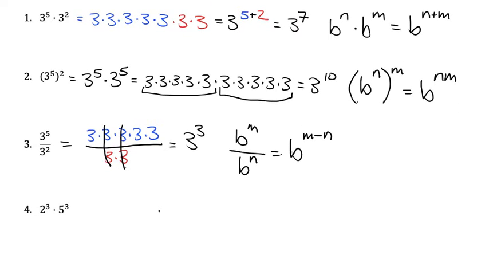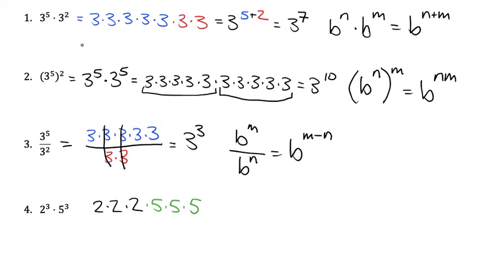And my last one here, now I have different bases, but I have the same exponent. So looking at this, 2 to the 3rd times 5 to the 3rd. That's going to be 2 times 2 times 2, and then times 5 times 5 times 5.